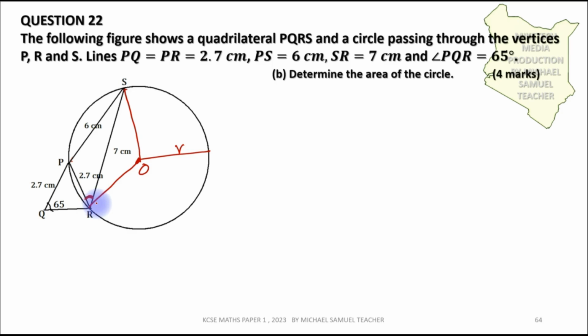So we know the angle R, and this side is opposite it. So remember that side over sine of the angle will be equal to 2R, whereby R is the radius of the circle.